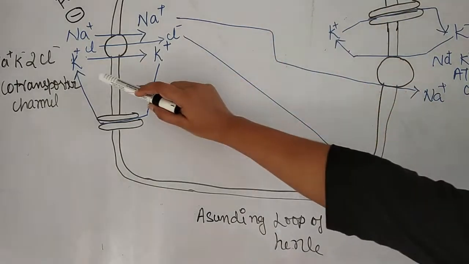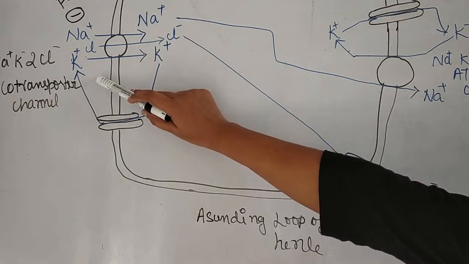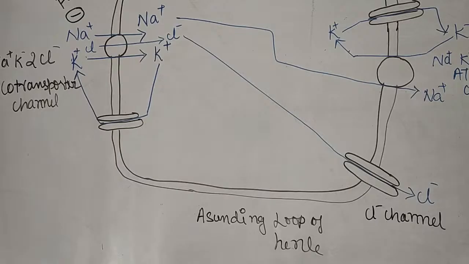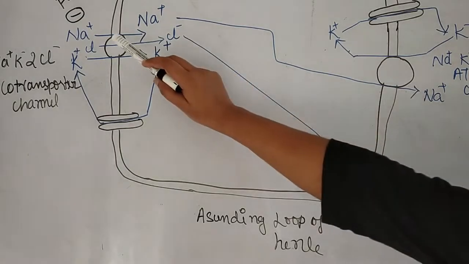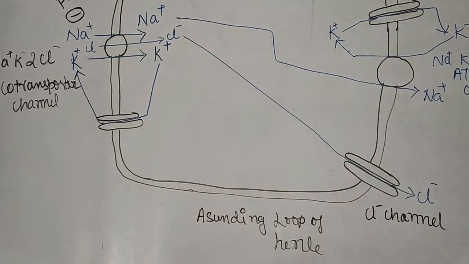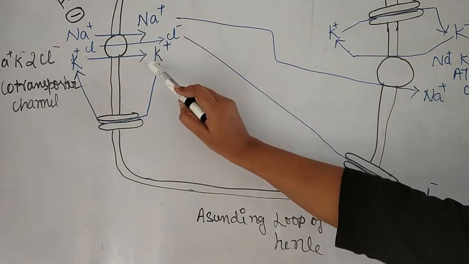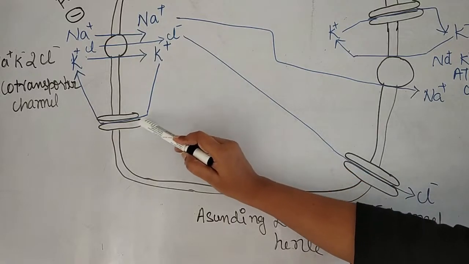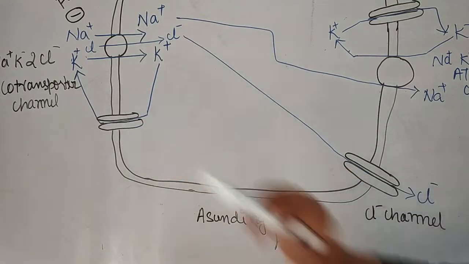This is your sodium potassium chloride co-transport channel, through which the sodium ion, potassium ion, and chloride ion will enter. If the potassium ion concentration is more, it can easily go out through this potassium channel.